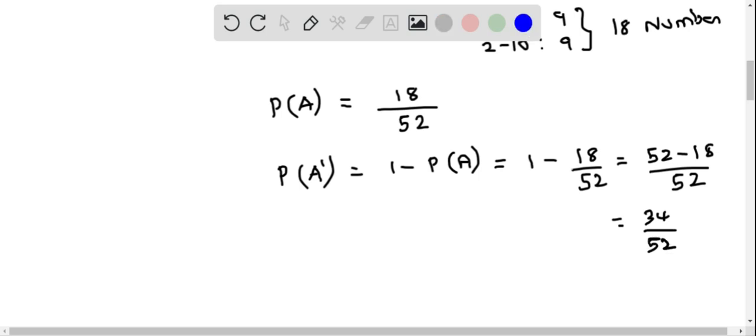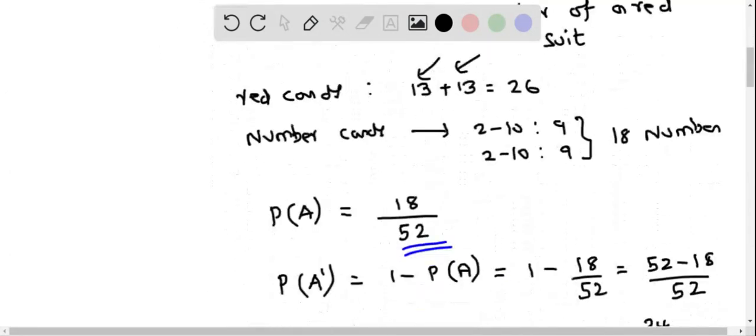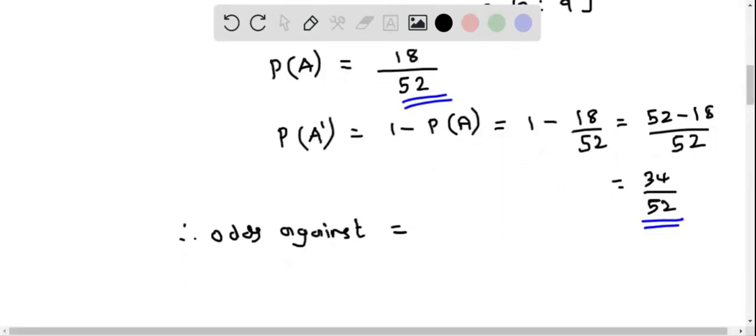So this is P of A prime, and this is P of A. Now we can write odds against. Therefore, the odds against equals, according to the formula, P of A prime divided by P of A. So I substitute P of A prime, which is 34 over 52, divided by P of A, which is 18 over 52.